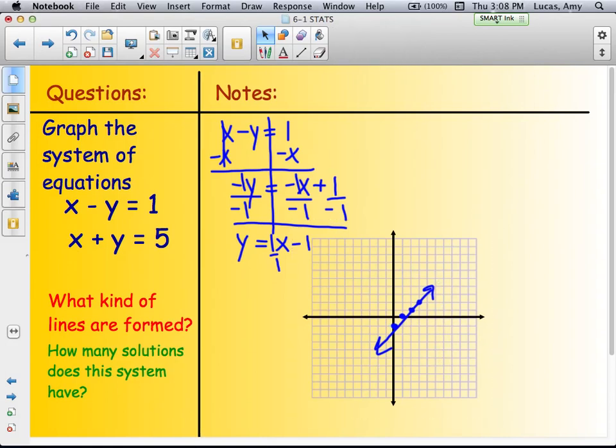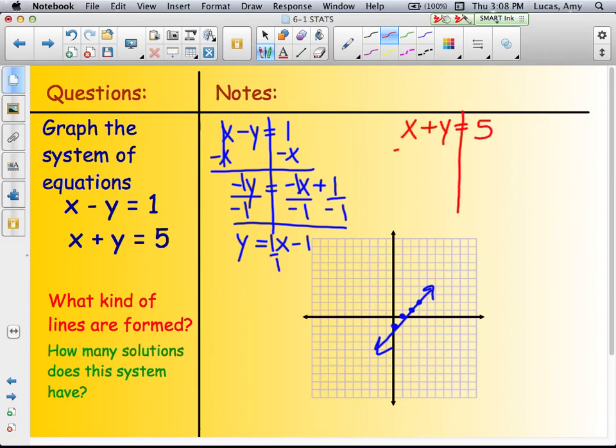Okay, the second one, x plus y equals 5, this one's a little bit easier to rewrite because I just subtract the x. So y equals negative x plus 5. I can put my 1 in front and make it a fraction. So this one starts at positive 5, and it's going down 1 over 1. So right there is where they're going to cross.